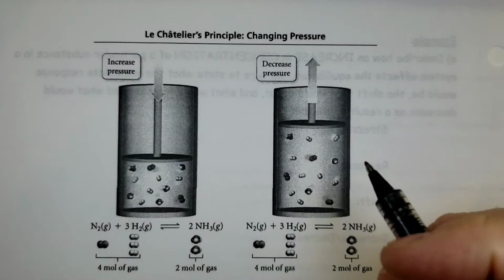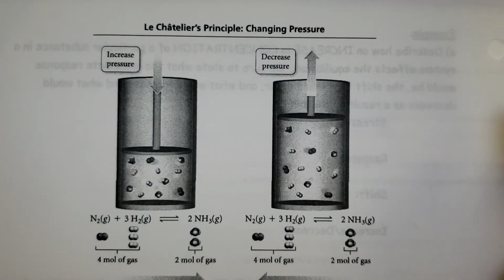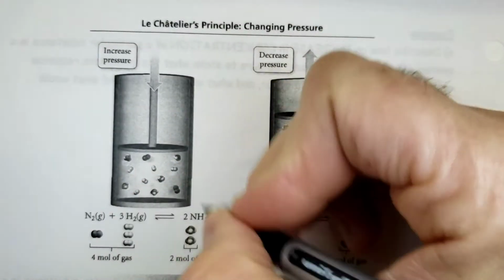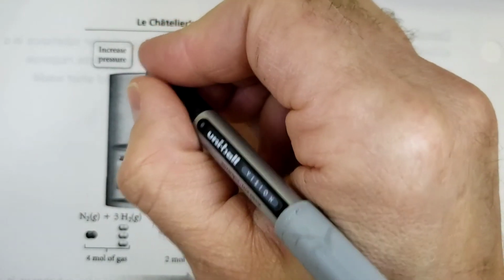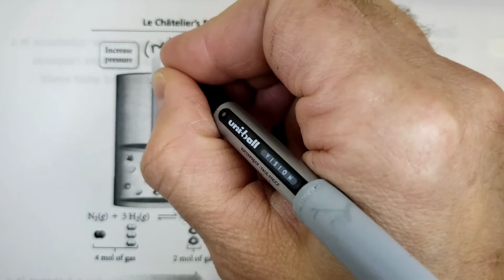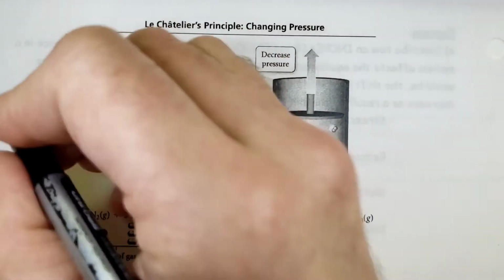So on the next page, again, we're going to look at the ammonia example. So if I have something like this, if I increase pressure, which you can see, it's a piston here with gas particles in it. So increased pressure is the same thing as reduce volume. So that's the stress. Okay.